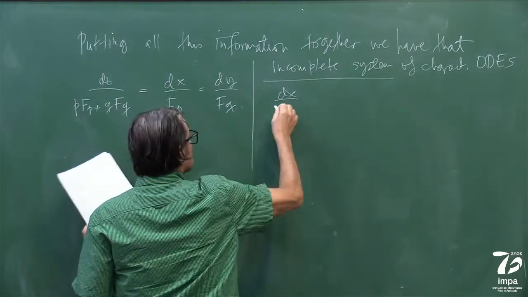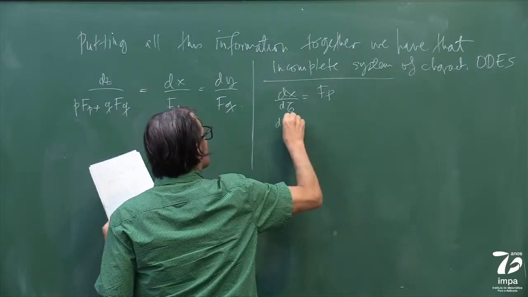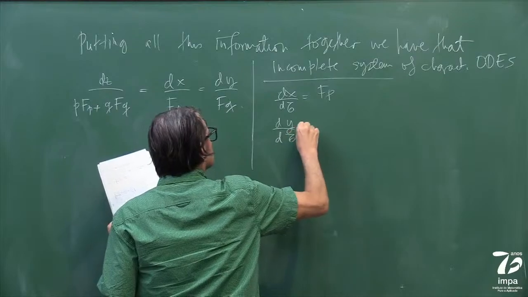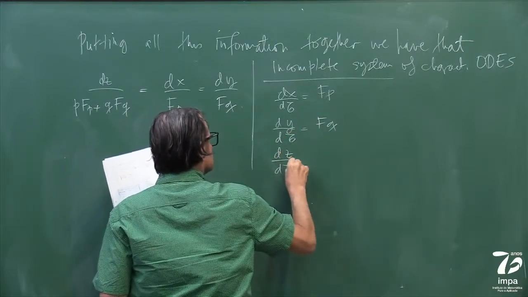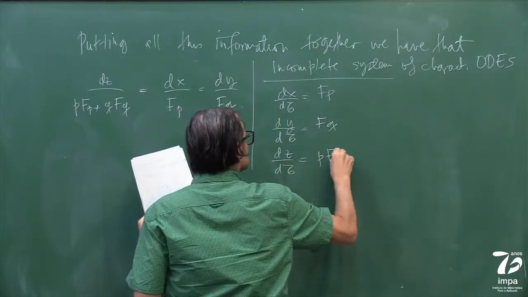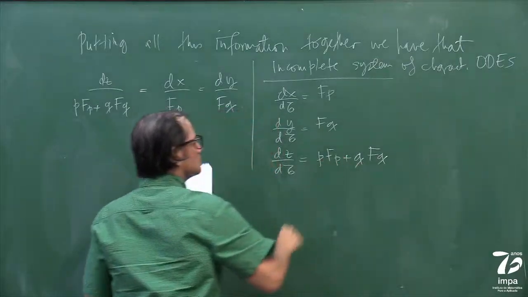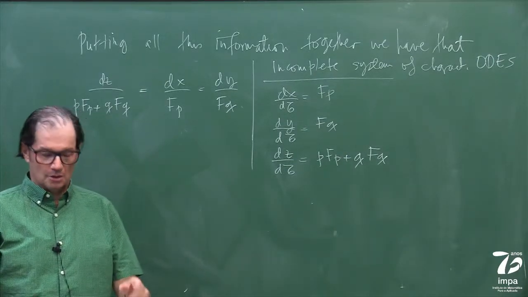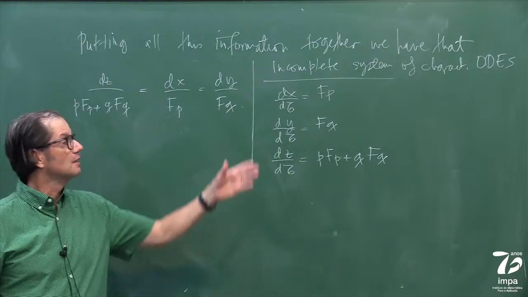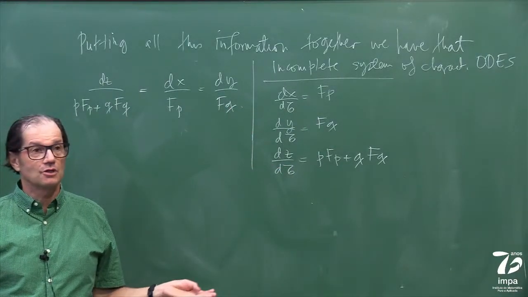I'm using d tau just to be consistent. Okay, and I put in the notes here a little message to you, like double check this for the quasi-linear equation, right?